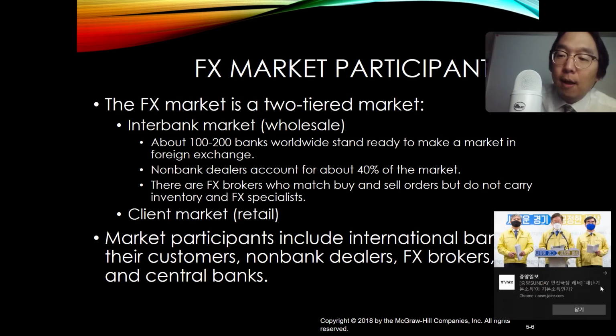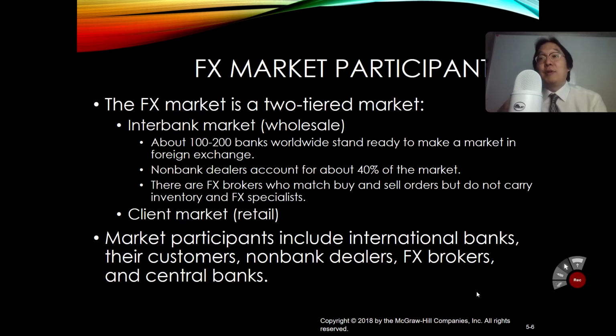Every now and then pop-ups happen in my window, which draws attention. But anyway, brokers don't carry inventory. So that's the distinction. Brokers are the middlemen. Come, you dealers, talk to each other. They connect these guys.